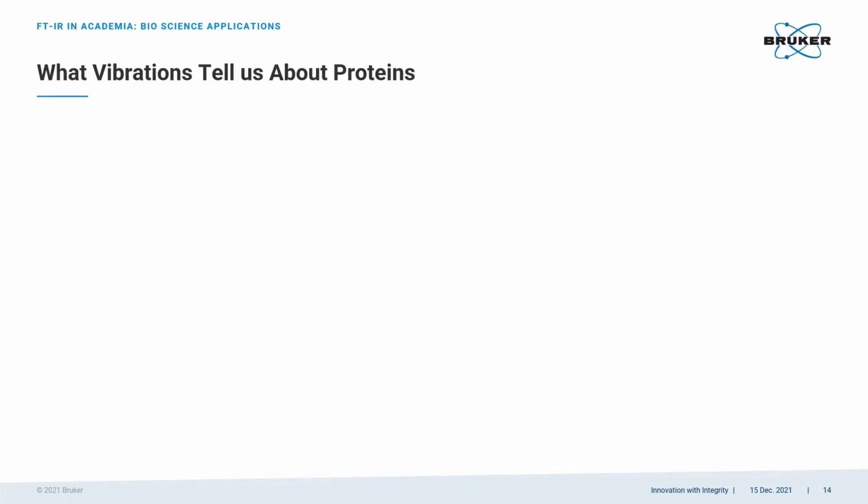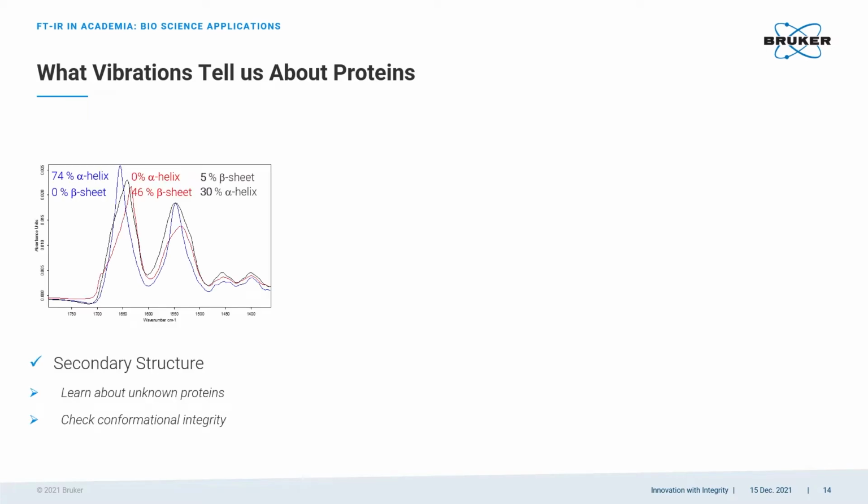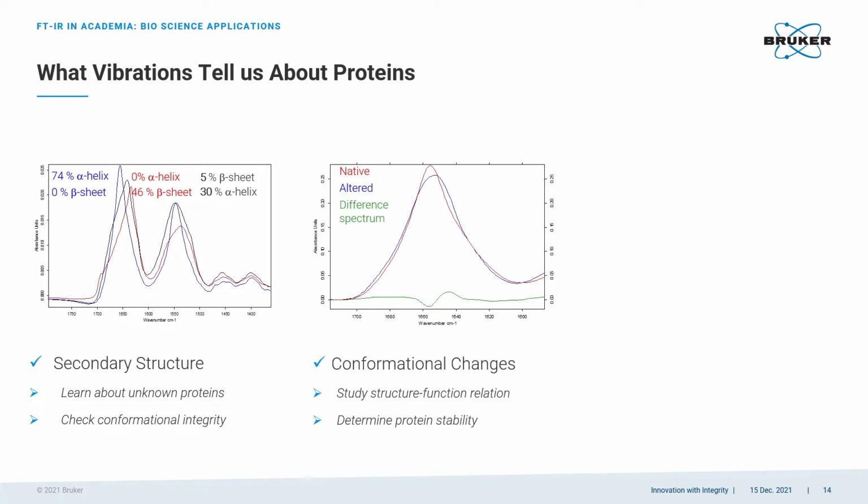Now you've seen already a water spectrum, but what do vibrations tell us about proteins? First of all, the IR spectrum of a protein allows us to get information about its secondary structure. So we can learn about the structure of unknown proteins and use the spectrum to check the conformational integrity of that protein.